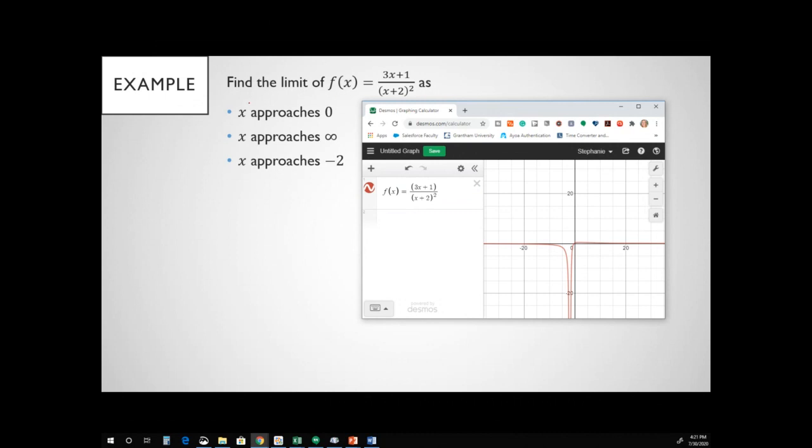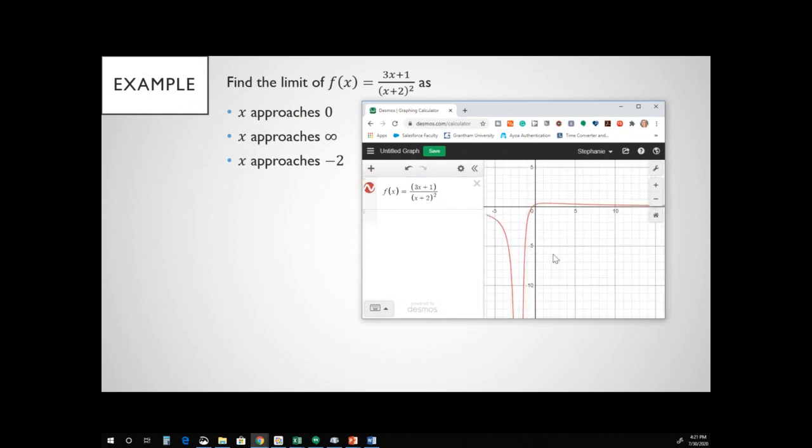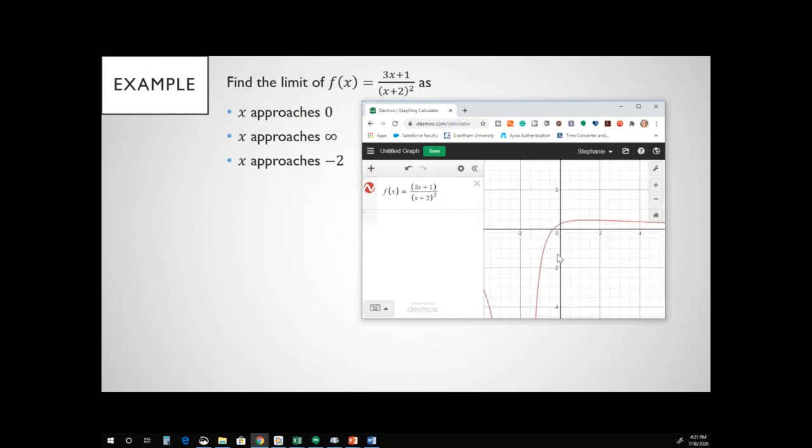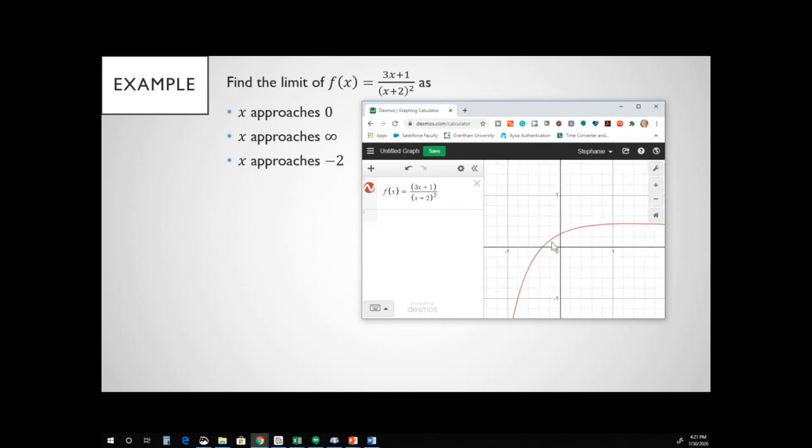So our first thing says as x approaches 0. So we're saying, okay, when x is coming close to 0, what is happening to y? So you can see as x is going towards 0, from either side, there's an actual value it hits. That's not 0.